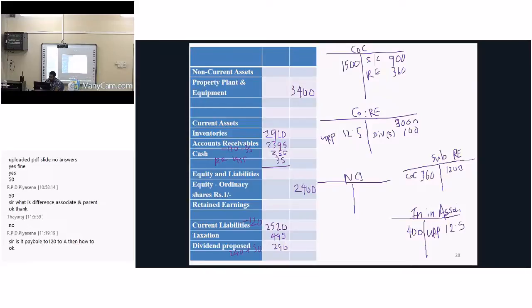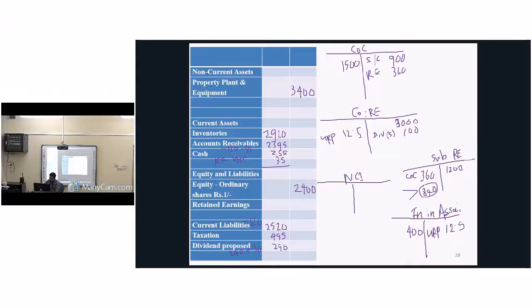Then what is about this post-acquisition retained earnings? 1200 minus 360 is 840. 840 should be split into two. How to split it? As NCI and consolidated retained earnings.